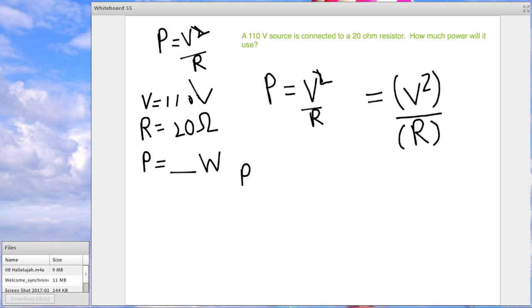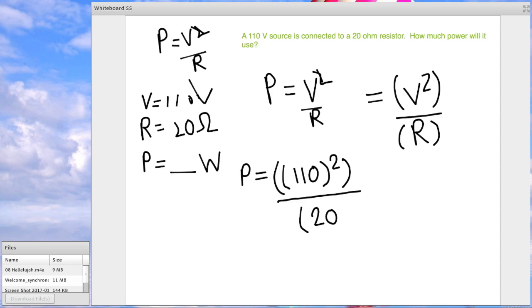I don't want to do all this work and then not get it right. So I'm going to have 110 squared. If I'm going to type it like that, I've got to do another parenthesis. So we want the calculator to know that we want to do this top stuff first before this bottom stuff.